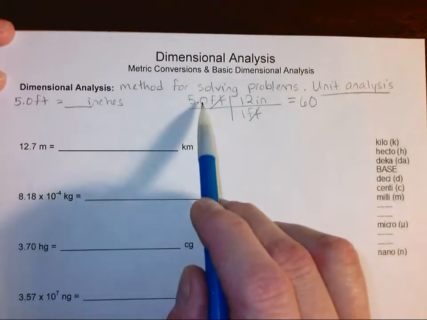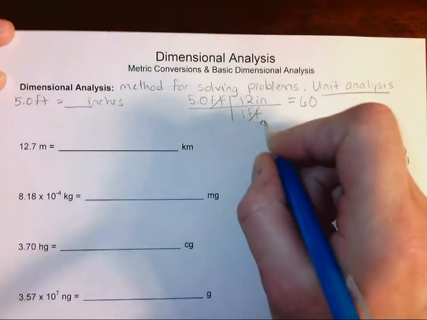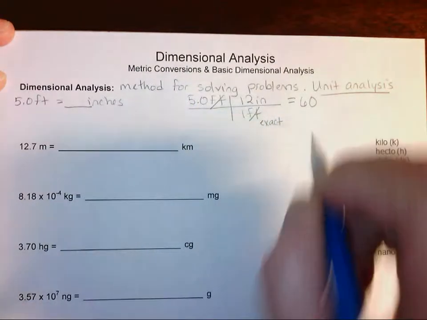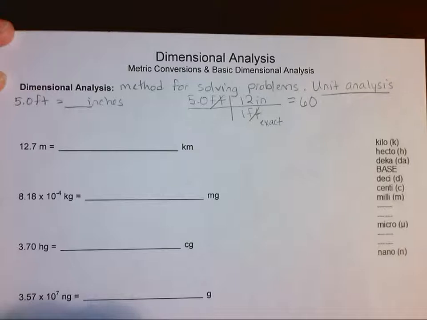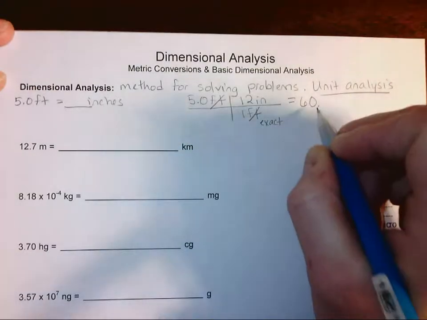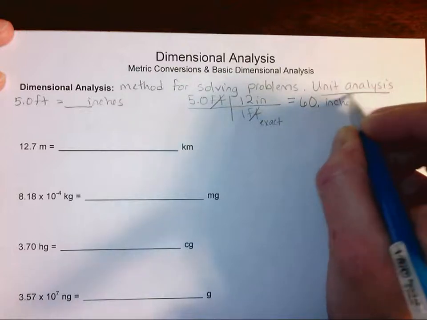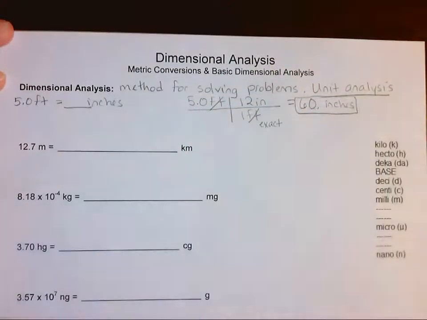Our given has 2 significant figures, and this conversion factor is an exact conversion factor, so we don't worry about significant figures with it. So our answer must have a decimal to show that it has 2 significant figures in our unit of inches. So our answer then is 60. inches.